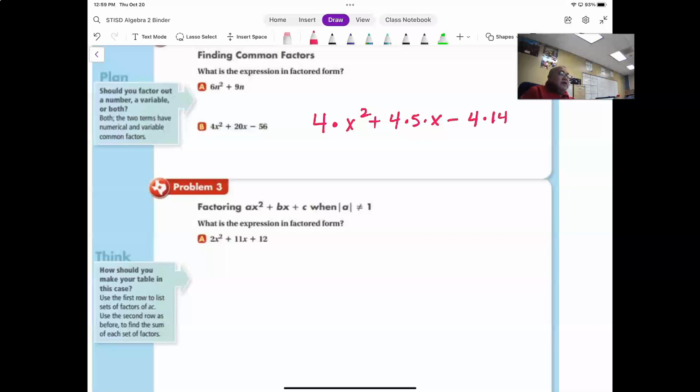So if I wanted to factor the greatest common factor, or the number they have in common, it would be the 4. So I'm going to factor out the 4, and so when I factor out the 4, we have x squared remaining plus 5x minus 14.